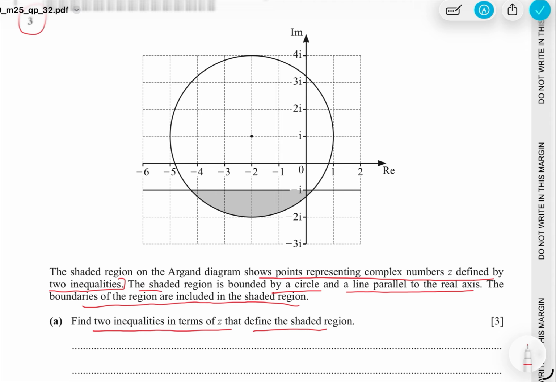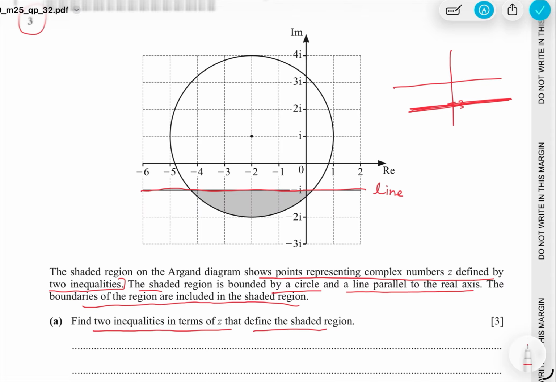Okay. See, first of all, to define it, we know that we have a line over here. Can you see this line? Repeat after me. Can you see this line or not? Yes, sir, we can see a line. Now tell me, if I draw a line like this on a normal axis, this is 3, and I draw a line like this, what is the equation of this line?